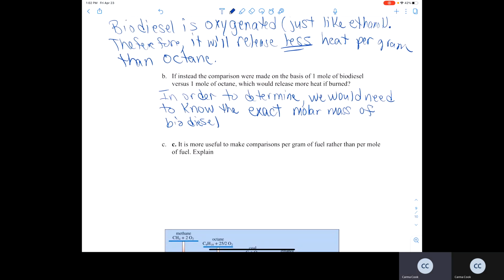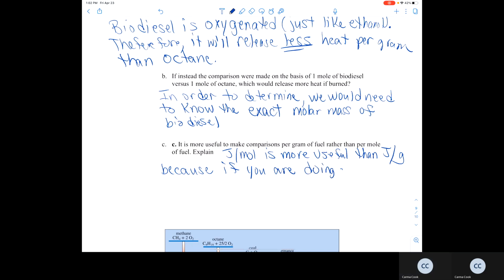And so is it more useful to make comparisons about the energy released for a fuel in joules per gram or joules per mole? Well, joules per mole is more useful than joules per gram. And the reason why that's true, let's say you are doing a particle per particle comparison.